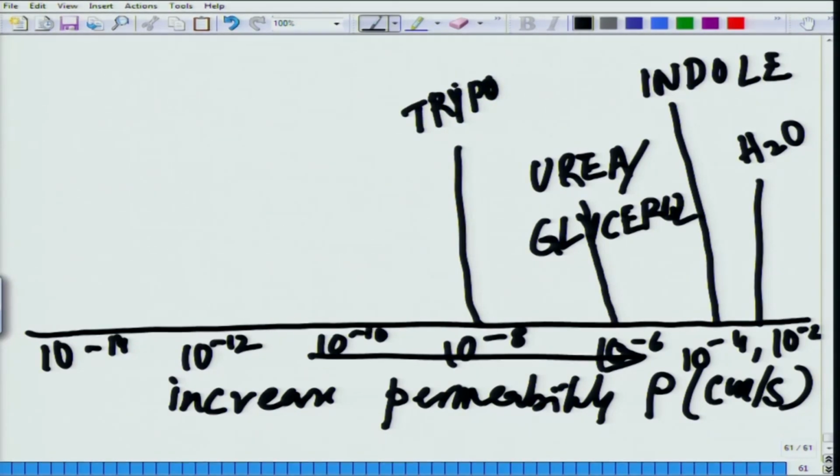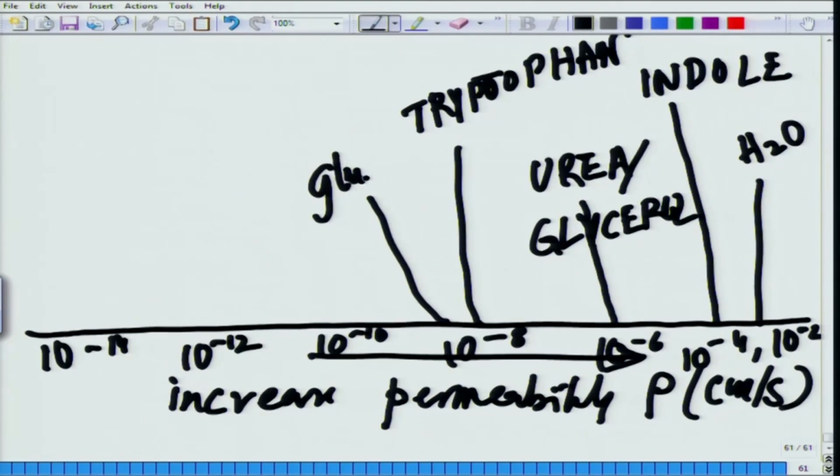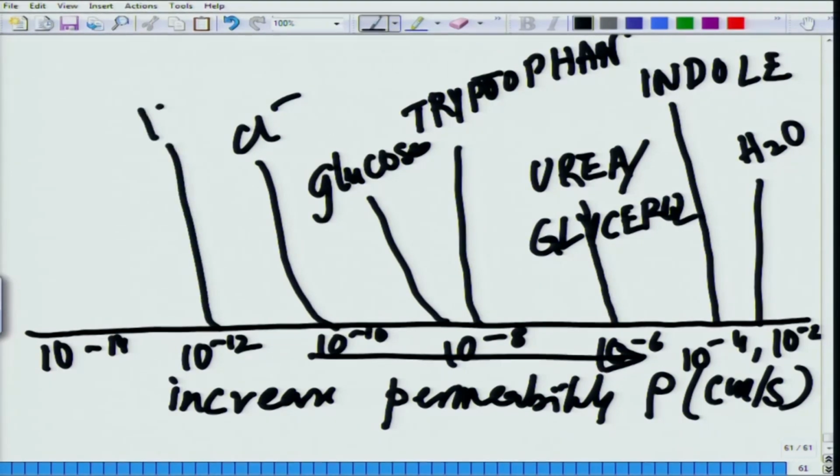Tryptophan is one of the amino acids, and around 10 to the power minus 8 is glucose. Then around 10 to the power minus 10 is chloride ions, 10 to the power minus 12 is potassium ions, and near about is the sodium ions, which is the least permeable of all.